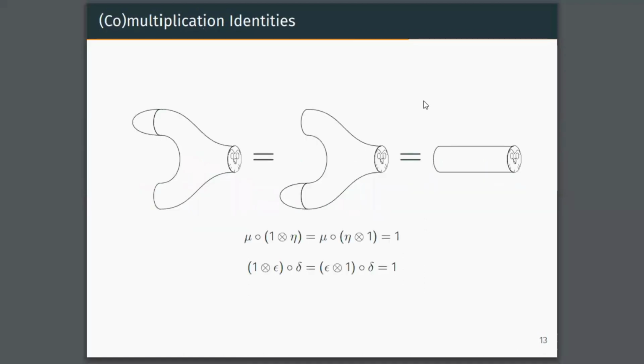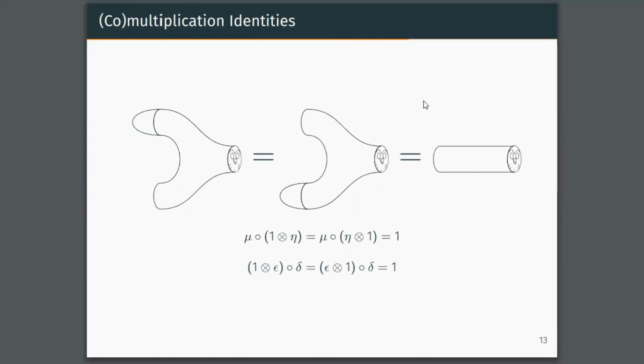Yeah, so our next thing we can do is a similar thing where we have this dropping off of the ground field. If we put these caps onto our multiplication, once more we can just squish this down. There's no more boundary there anymore, and these are also equivalent to the identity.